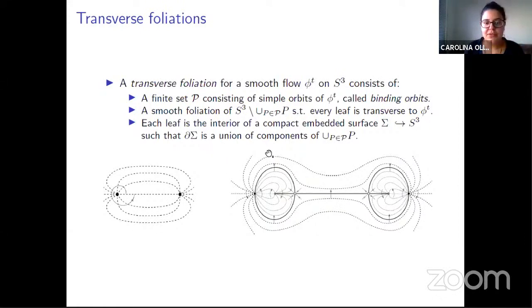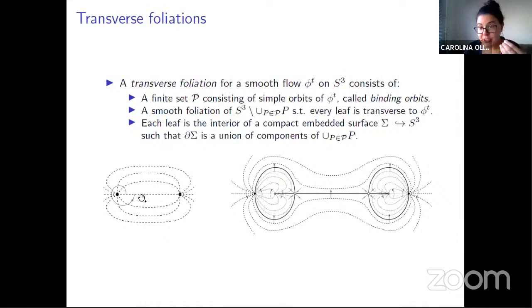And in the complement of this set of orbits, we have an actual foliation, where each leaf is transverse to the flow, and each leaf has boundary in a subset of the set of binding orbits.